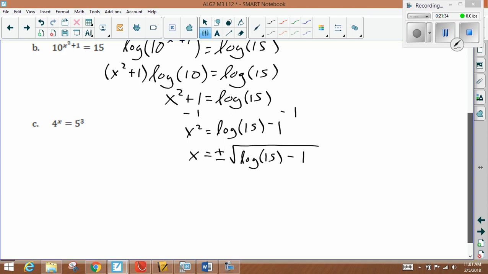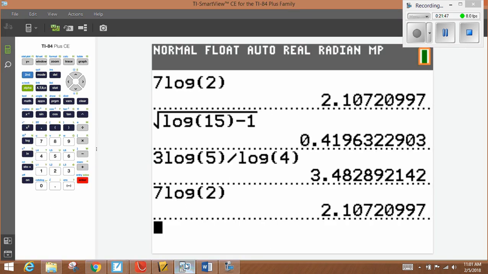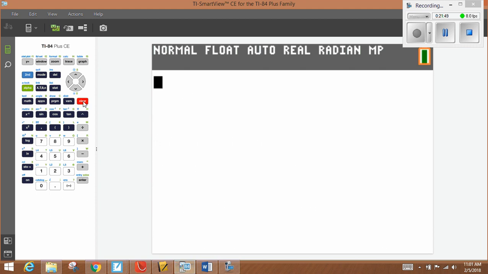And then we can go into our handy-dandy calculator and get an approximation for that, which we will do right now. I'll show you what keystrokes to enter for that. So you're going to hit the square root of log 15.